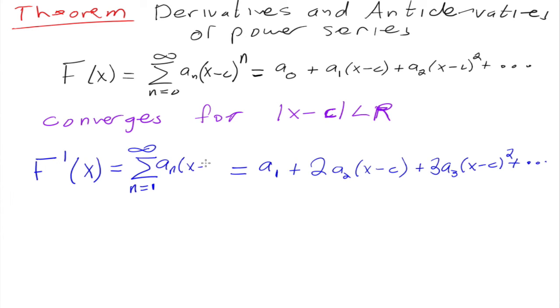There has to be an n, because every term is going to get multiplied by n. So n times a sub n times x minus c to the n minus 1. Which is basically what you get if you take the derivative of this as a sum: you bring down the n, subtract 1, and you get exactly that.